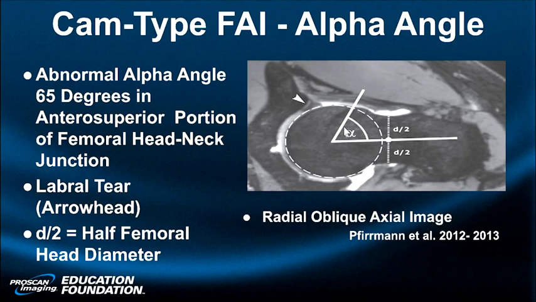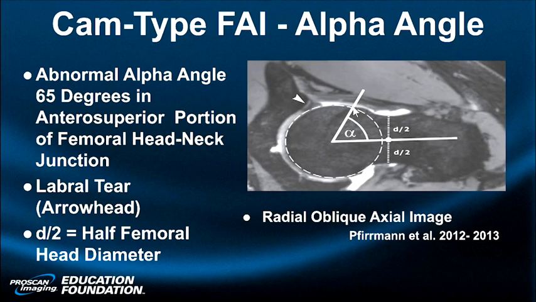I illustrated for you yesterday as a quick review what measurements you need to take to form an alpha angle. I hadn't shown you an abnormal one yet, but I will. Here's a bump, and instead of the angle going to this head-neck junction, it goes to the first dip from the best fit circle of the femoral head, which is here, producing an alpha angle that is over 60 degrees.